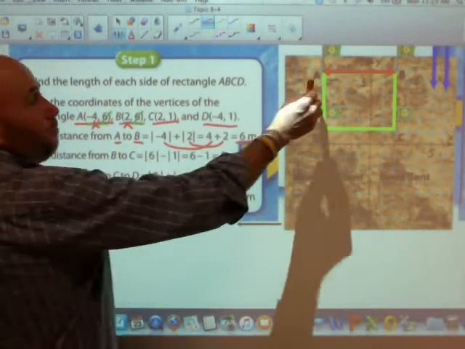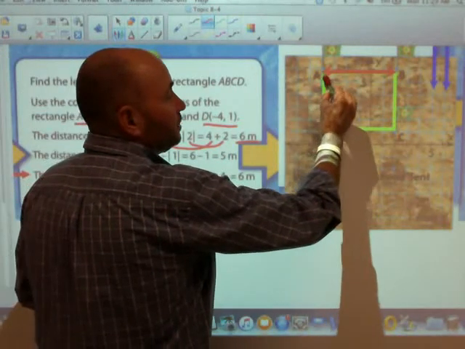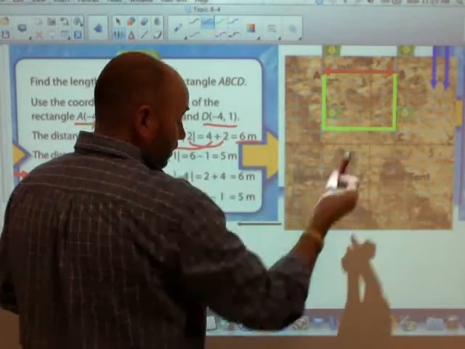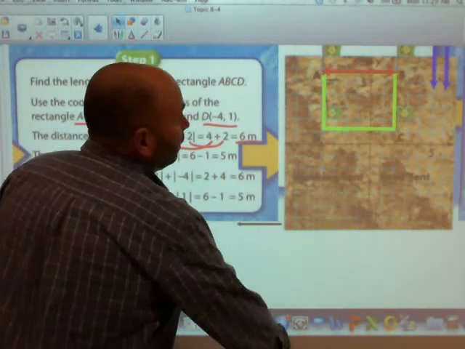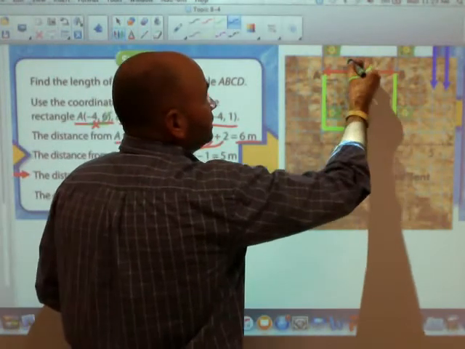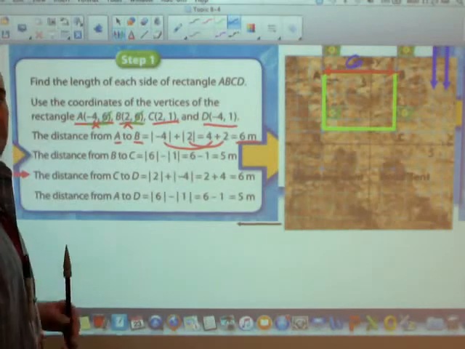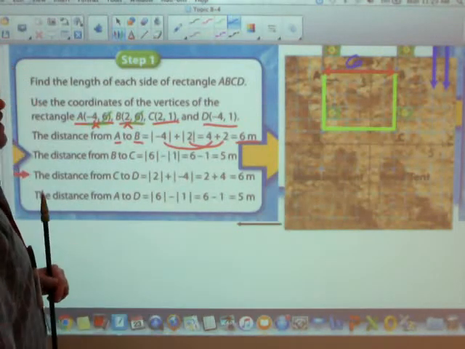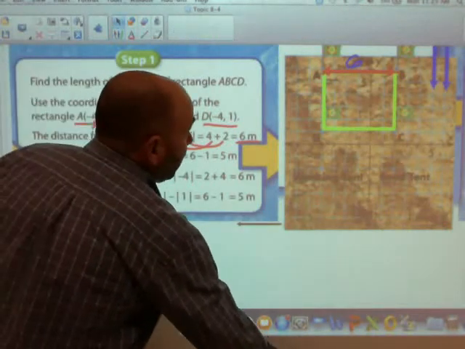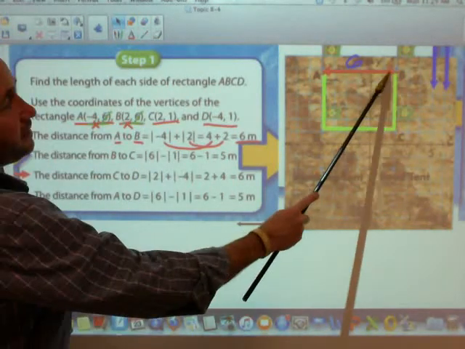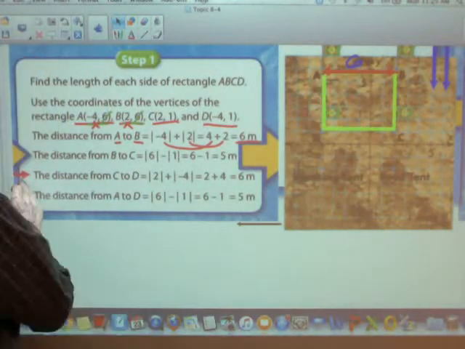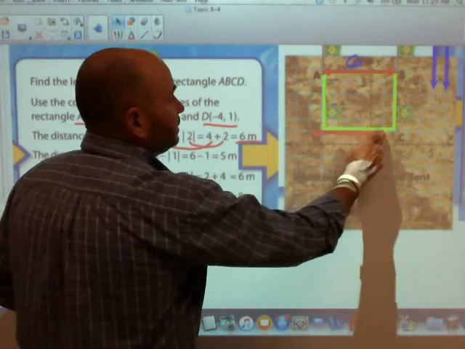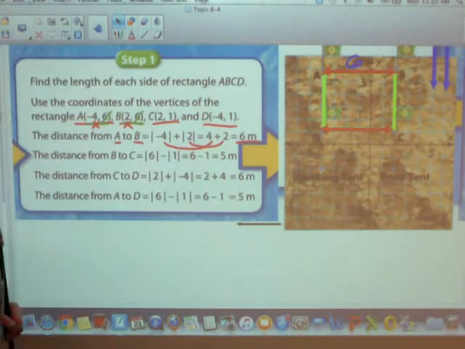So we know that this distance from there to there is going to have a value of 6 units. Then we also know that if this distance is 6, the distance from D to C will also be 6.